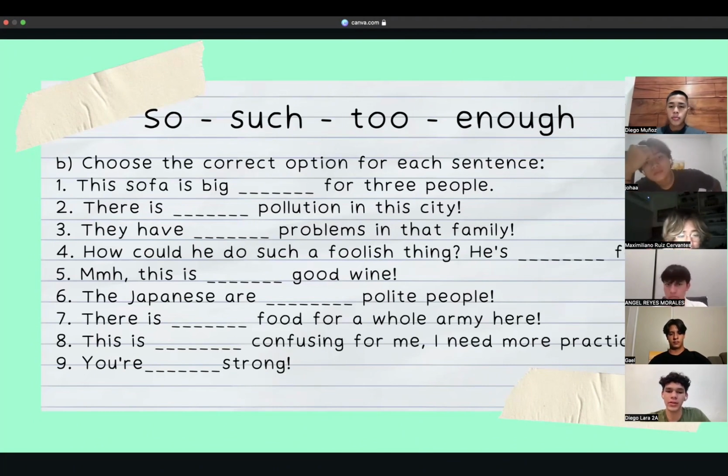I need more practice. So who knows the answer? This is so confusing for me. I need more practice. Very good. Yes. Okay, and the last one: you are blank strong. You are too strong. Very good.